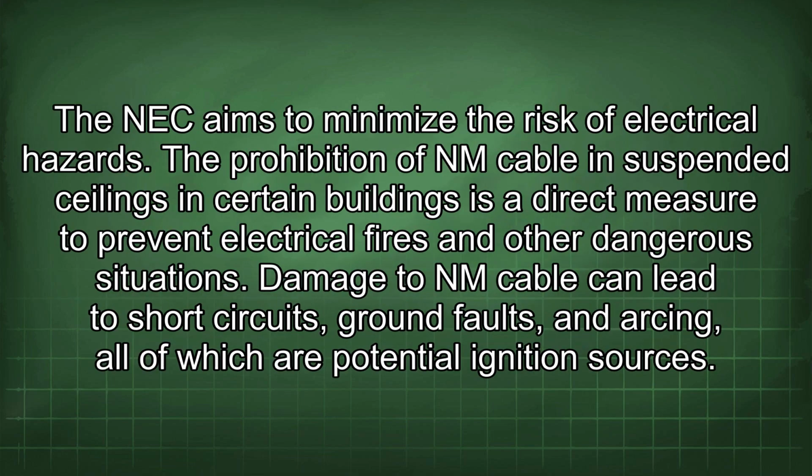The NEC aims to minimize the risk of electrical hazards. The prohibition of NM cable in suspended ceilings in certain buildings is a direct measure to prevent electrical fires and other dangerous situations. Damage to NM cable can lead to short circuits, ground faults, and arcing, all of which are potential ignition sources.